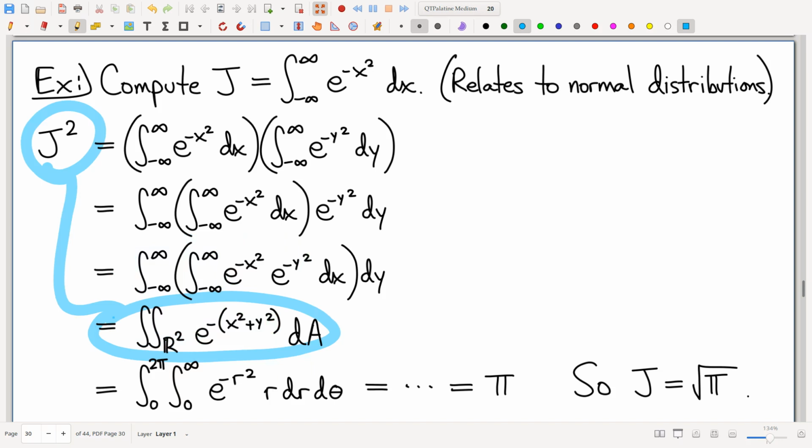Now let's take a quick pause and address the progress that we've made here, which does not seem very evident. I've taken a single variable integral that I don't know how to solve, and I've turned it into a double integral that I don't know how to solve. Kind of seems counterproductive.